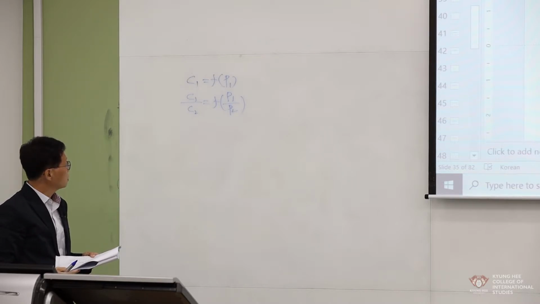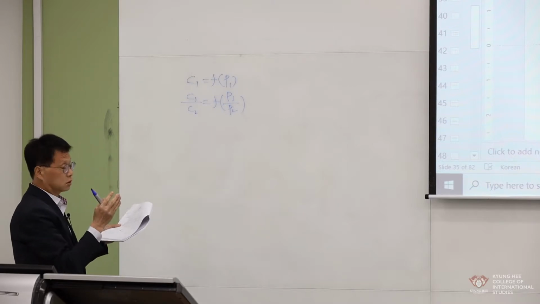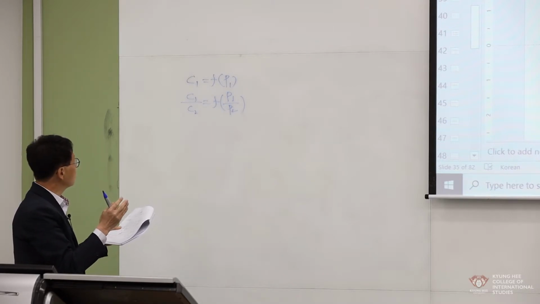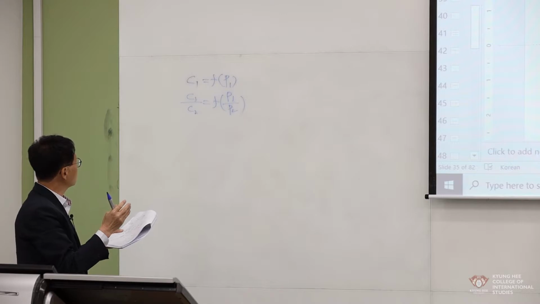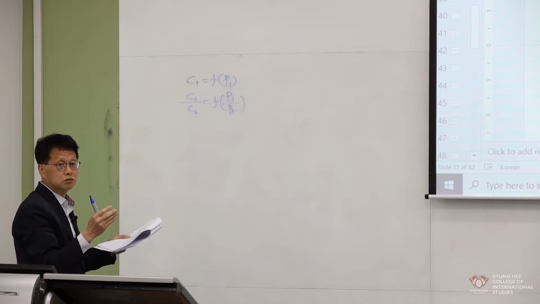Okay? But in our simplistic model, there exist two goods, right? Foreign consumers also demand good one, C1 star, and good two, C2 star.